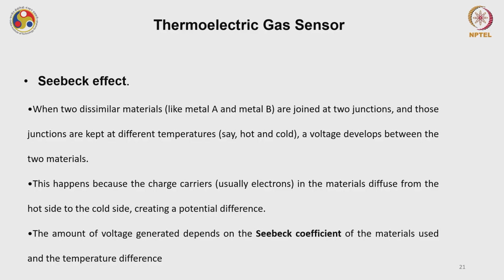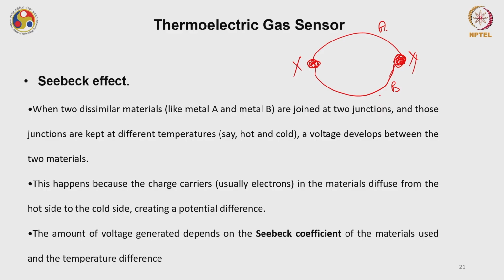So when two dissimilar materials, say metal A and metal B, are joined at two junctions, which I am calling X and Y. These are two different metals, joined at X and Y.